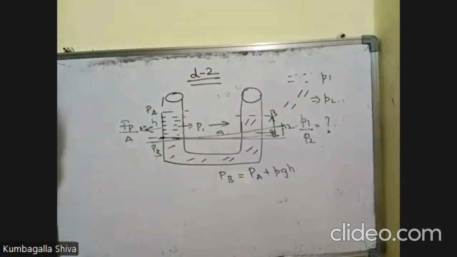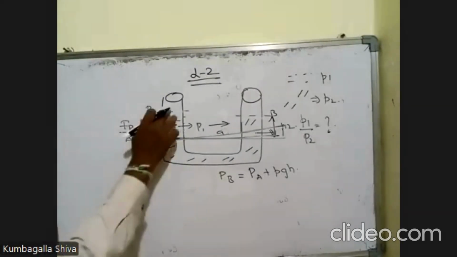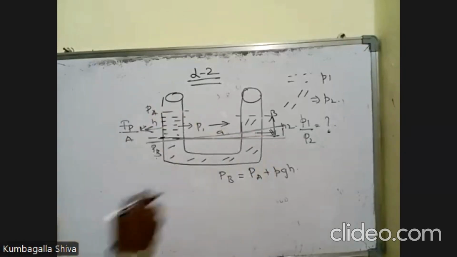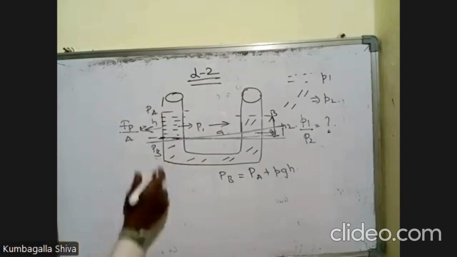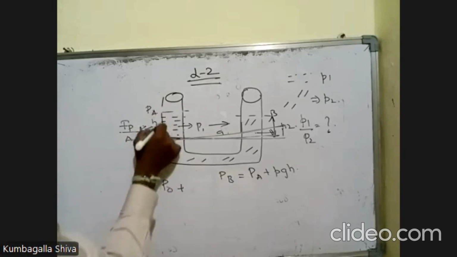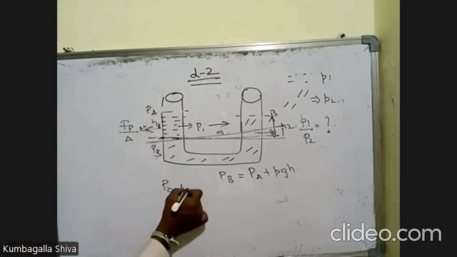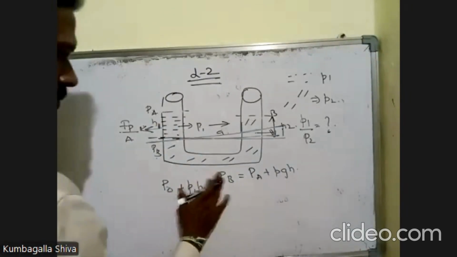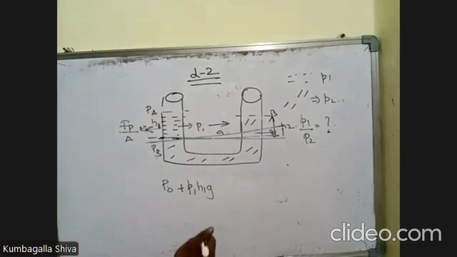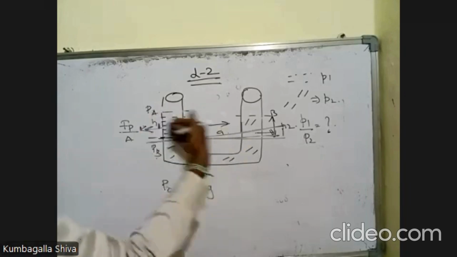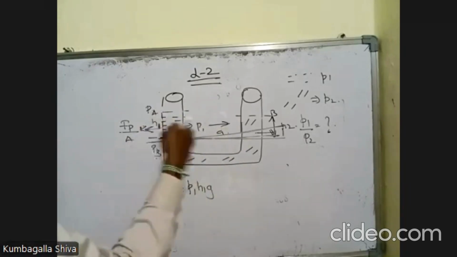Now see here. How to write down? We know that at the atmosphere, PA, this is, and this is PB. You can write that PA, atmospheric pressure, that is P naught at this level, at this side, P naught plus, what is the height? H1, density 1, H1 into G. At this side, for A, there is a pseudo acceleration in this side.